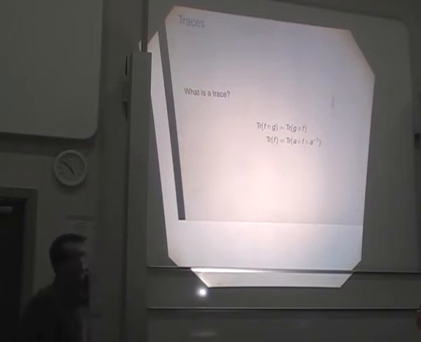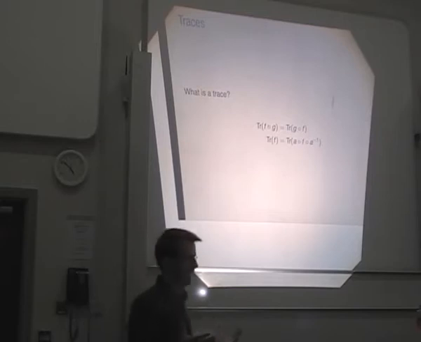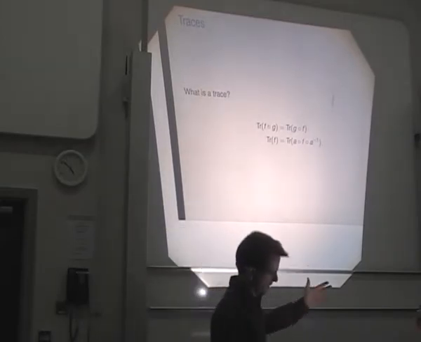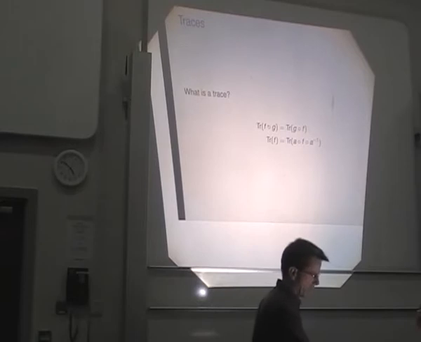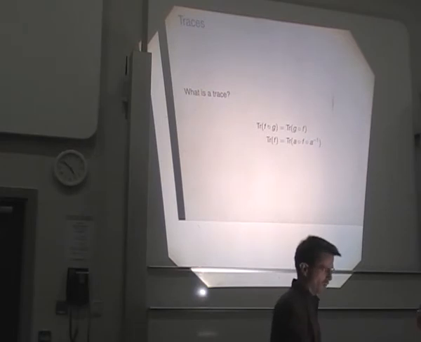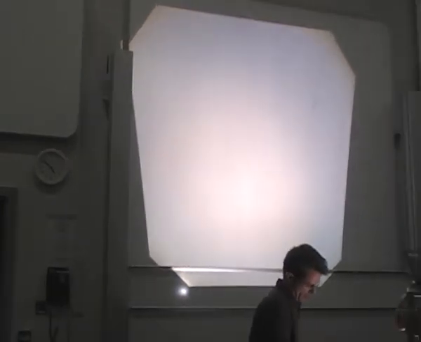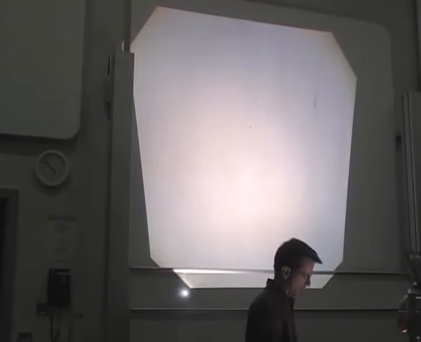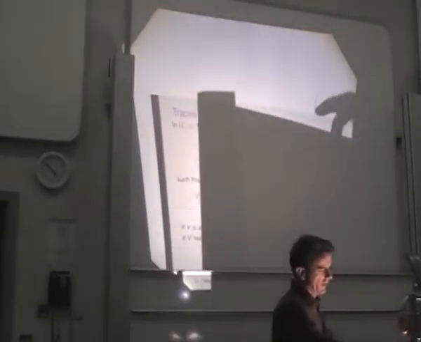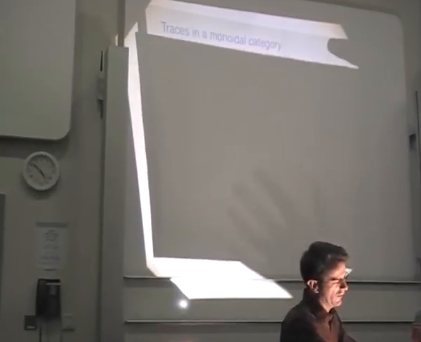It's not so obvious how to interpret that. I still don't really have an answer, but I guess these ideas I'll show you came out of trying to think what a trace is, but I haven't got any closer to a good answer to that.